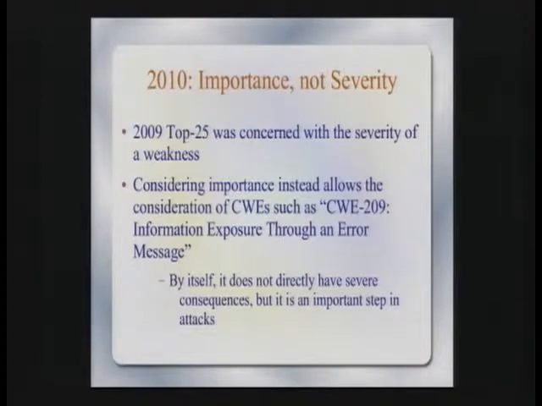To rank the issues, we use importance instead of severity, because last year we were concerned about severity. By using importance instead of severity, we don't have to be limited to CWEs that will cause huge damage immediately.